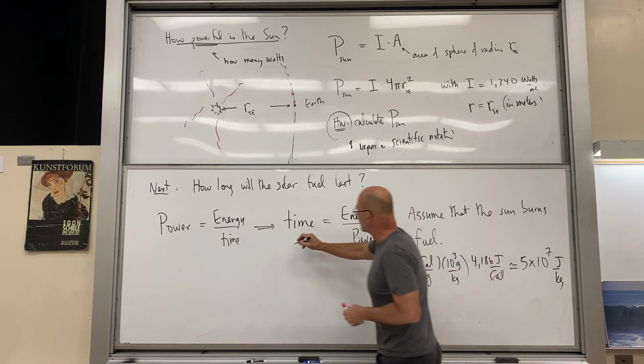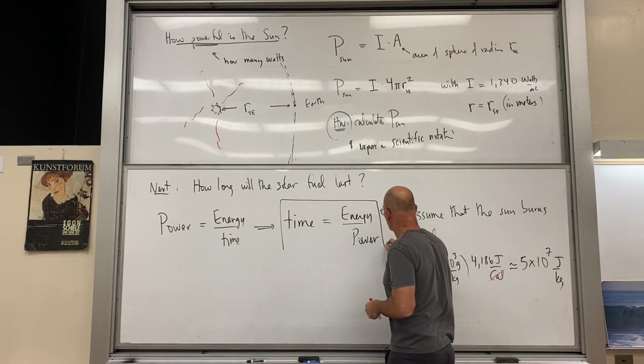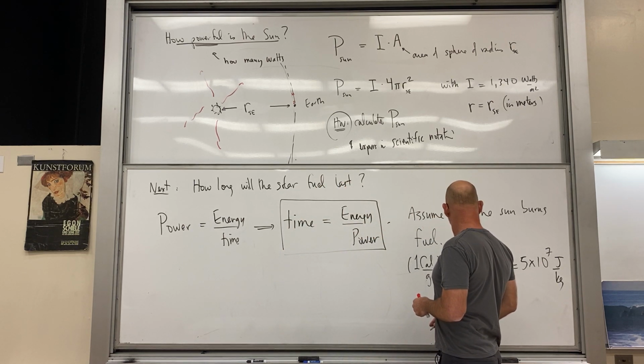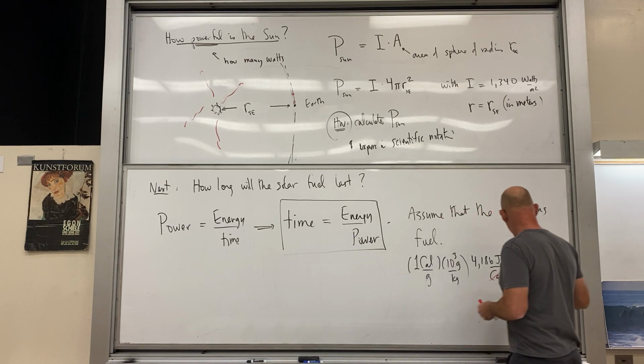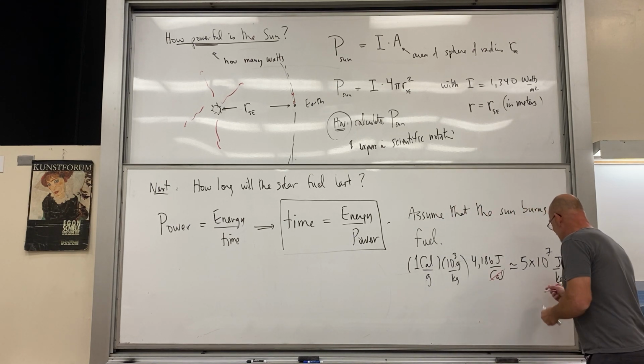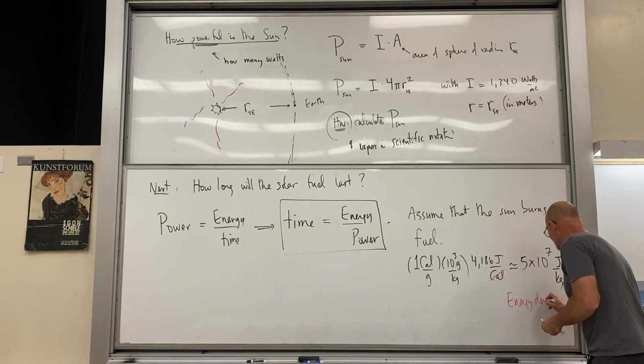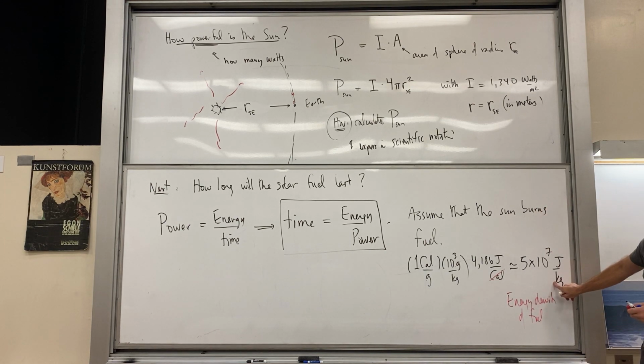This is the formula we're going to use, and this is the energy density of fuel, and it's joules per kilogram.